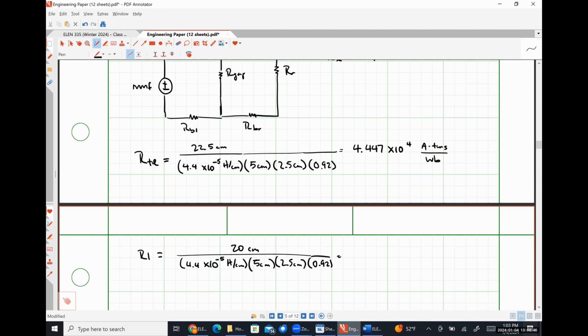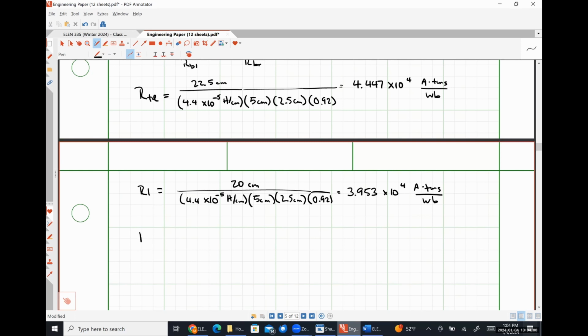I believe that comes out to be 3.953 times 10 to the 4 amp turns per Weber.